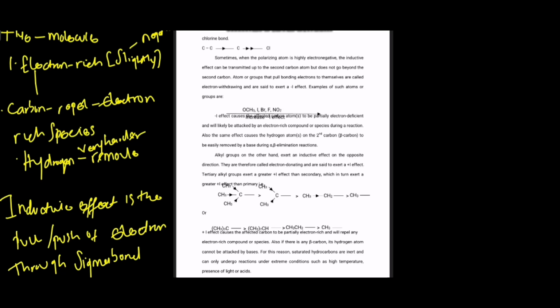I said that we have two types of inductive effect, the positive and the negative. The negative inductive effect pulls electrons, that is, it makes carbon positive and increases the carbon's ability to be easily attacked by electron rich species, which are nucleophiles.